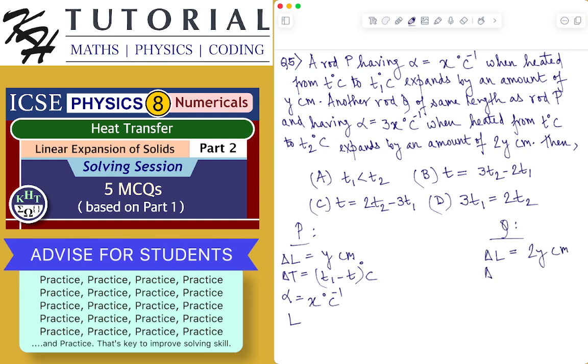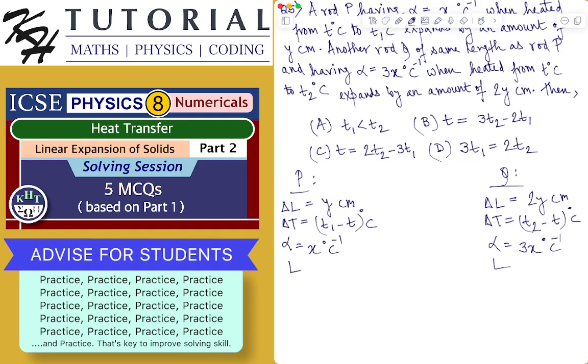Delta T will be, since it is being heated from T degree Celsius to T2 degree Celsius, T2 minus T this much degree Celsius. And alpha is given to be 3 times x per degree Celsius, and the length of the rod Q is also L.